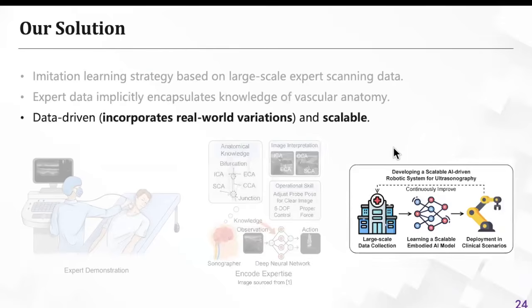I think this pattern has the advantages of scaling up. In the future, if the ultrasound robot can be deployed in real clinical settings in hospitals, the data set will continue to grow. Also, the scanning data actually exists in hospitals, but there are no proper sensors to record the actions conducted by the sonographer.